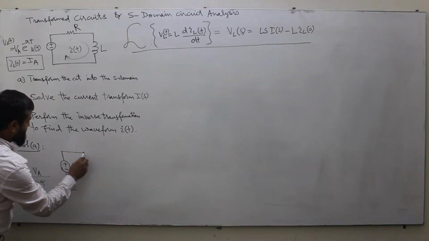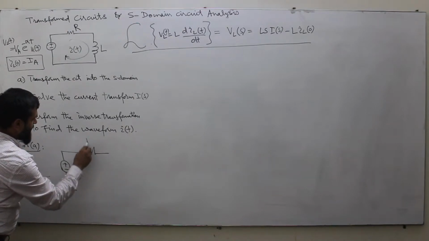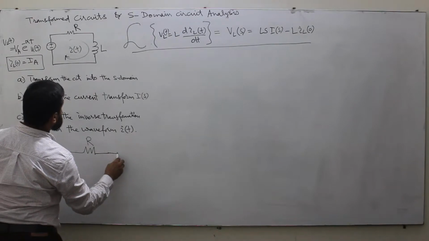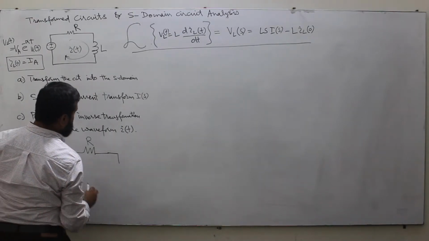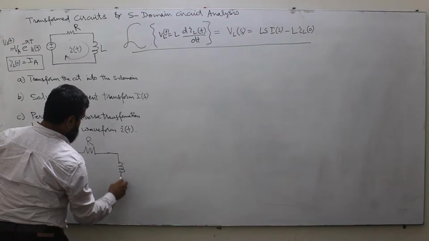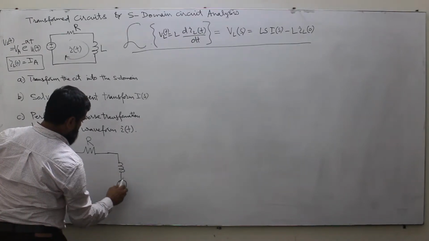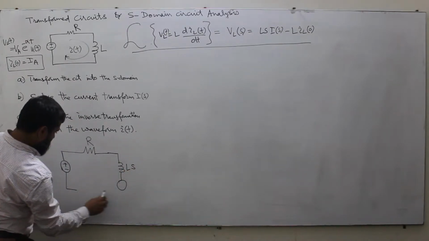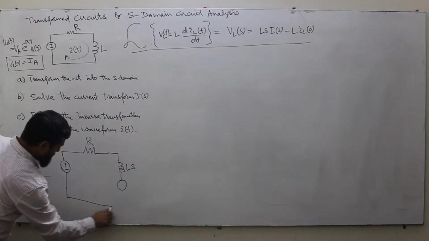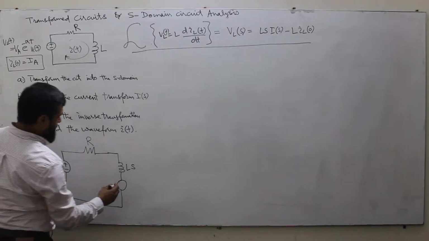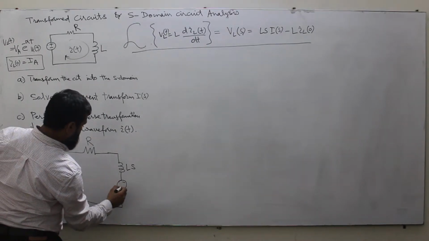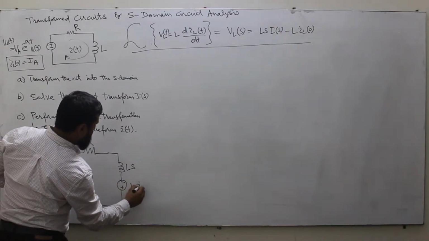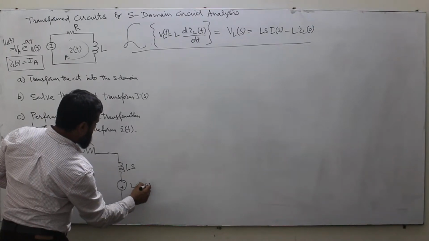And after that, for the resistor, we have already noticed that R remains the same. And this inductor, on the other hand, will turn into Ls in the S domain, plus L into IL of 0.